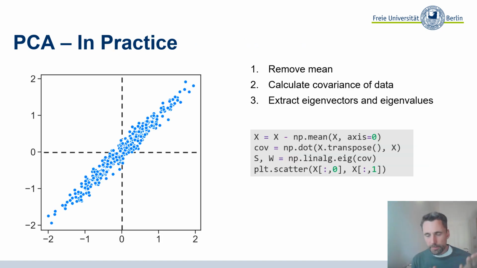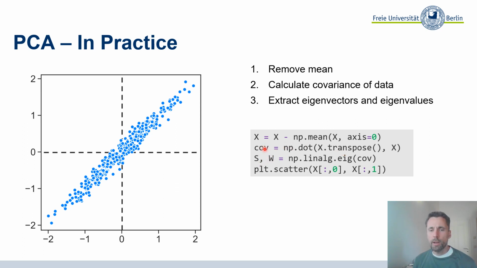So in practice, it's as simple as this. We take the data, we remove the mean, we calculate the covariance of the data, and then we use some linear algebra package to extract eigenvectors and eigenvalues. So if you use Python, there's a function that's called eig, and it takes the covariance matrix and provides the eigenvalues and the eigenvectors in these two matrices.